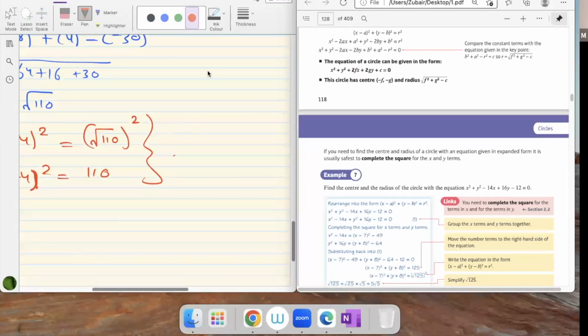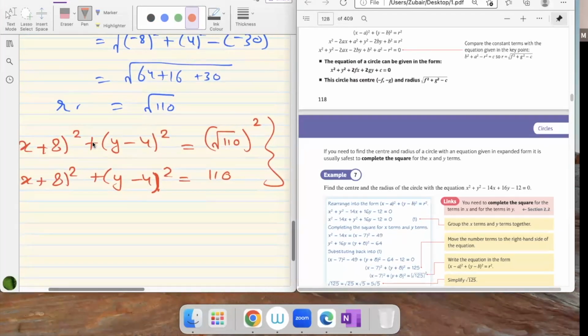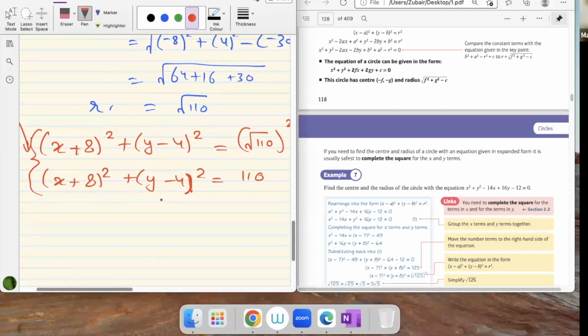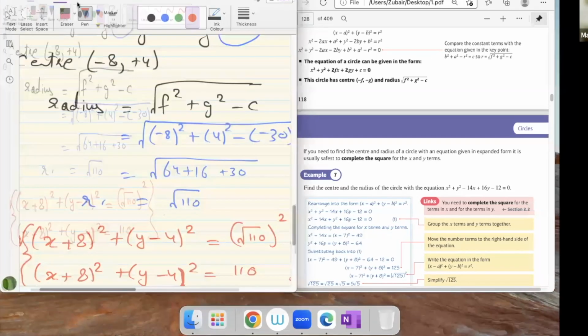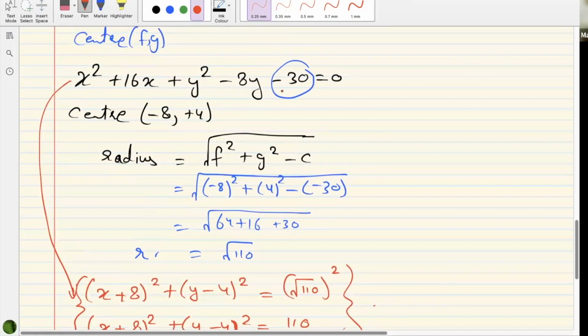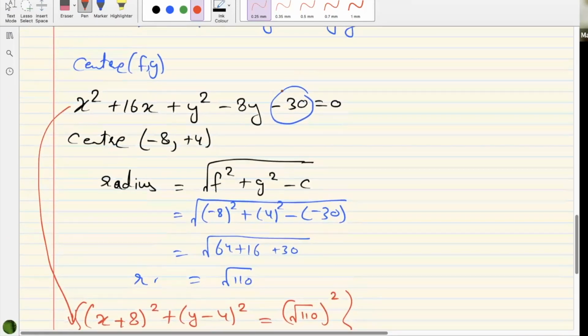Yes, Mahad? So the f and g, where on top you wrote the equation, f squared plus g squared equals minus c. So what are f and g again? F was half of the coefficient of x. Where is it coming from?